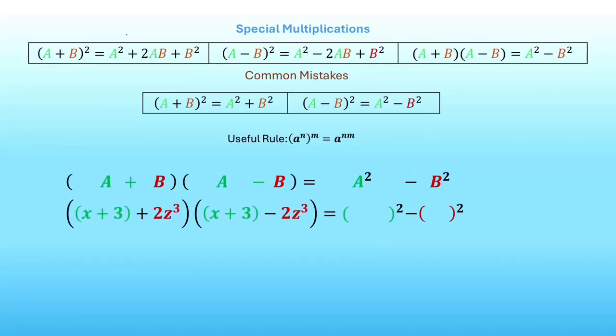For this problem, we also have the difference of two squares. Again, we're going to apply the third formula. In this case, a is x plus 3 and b is 2z cubed. So again, in the green parentheses, we write down a, which is x plus 3, and b, which is 2z cubed, goes inside the red parentheses.